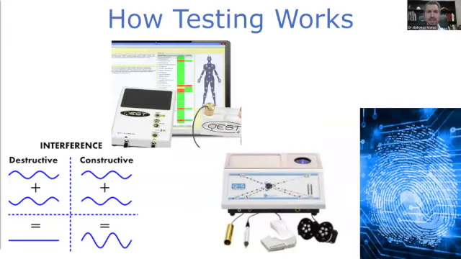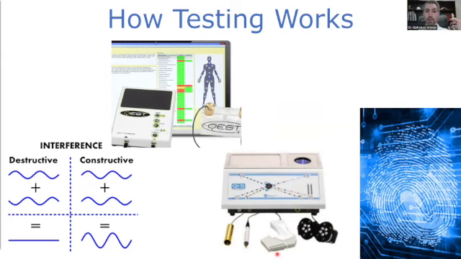So this is how energetic testing works. And we talked about this the last time. We're using constructive or destructive interference. We're using a form of biofeedback. We're either sending energetic signatures to the body and asking a question, is this good or bad? Or we're scanning for energetic signatures in the body. And if we find this signature for mercury, we know you have mercury.